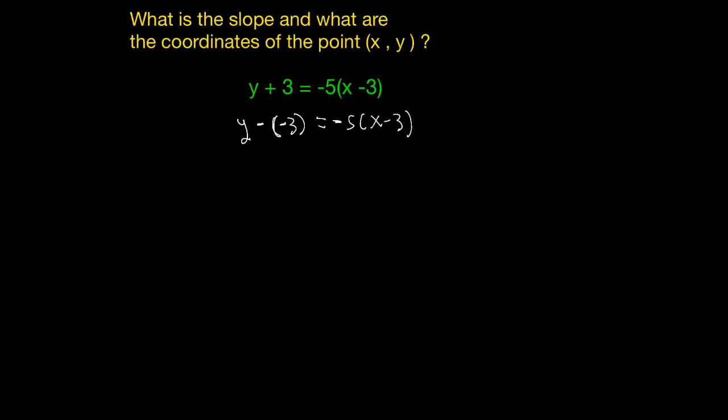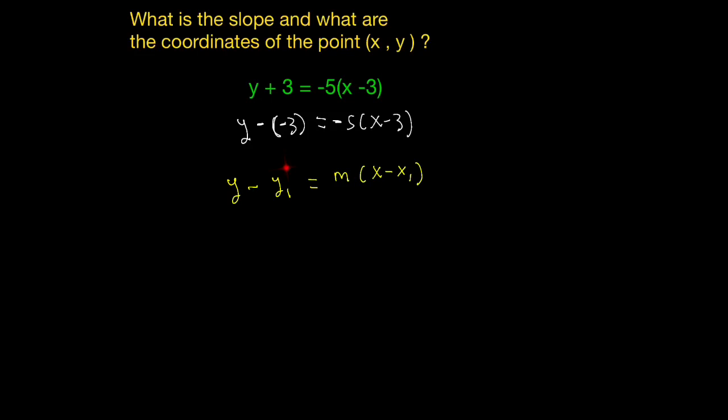If I get the skeleton, it should be y minus y1 equals m times x minus x1. Notice that this skeleton, the formula or the recipe here, only has subtraction, and the one we were given only had addition, so we had to translate this so that we could read this formula.